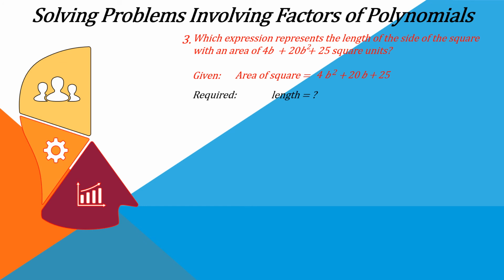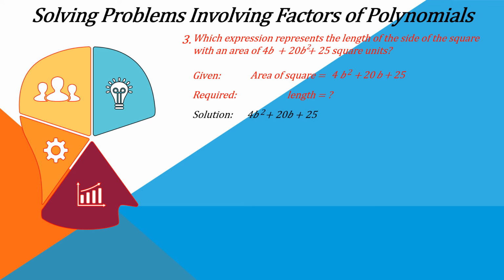Therefore, we need to find the expression which, multiplied by itself, is equal to 4b squared plus 20b plus 25, because the area of a square is simply L squared.